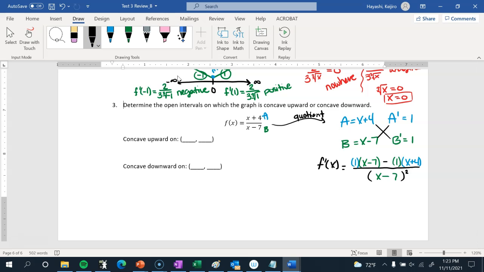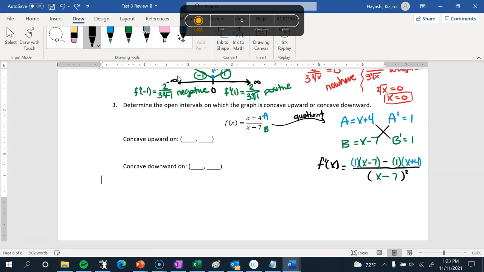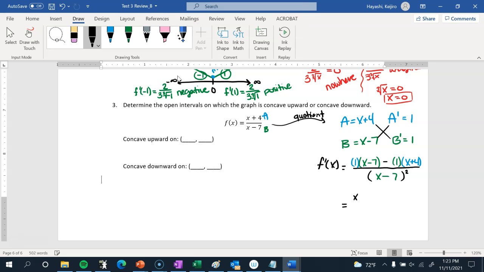Now, if you wanted to simplify this, you could distribute the 1, but that just sort of does nothing. You could, I guess, expand the top, right? So the top will be x minus 7 minus x minus 4, because this minus gets distributed into this second binomial here.